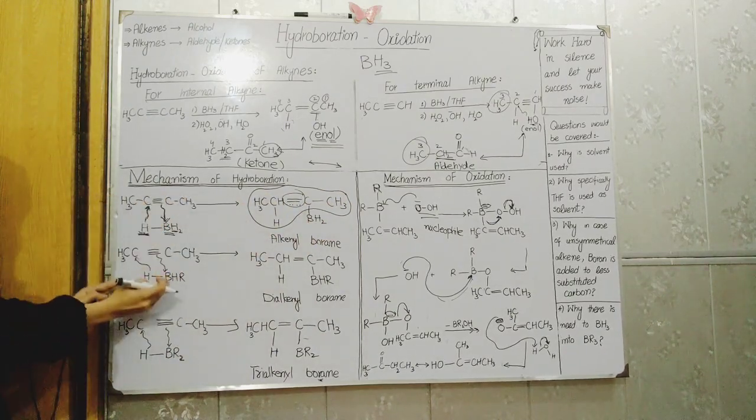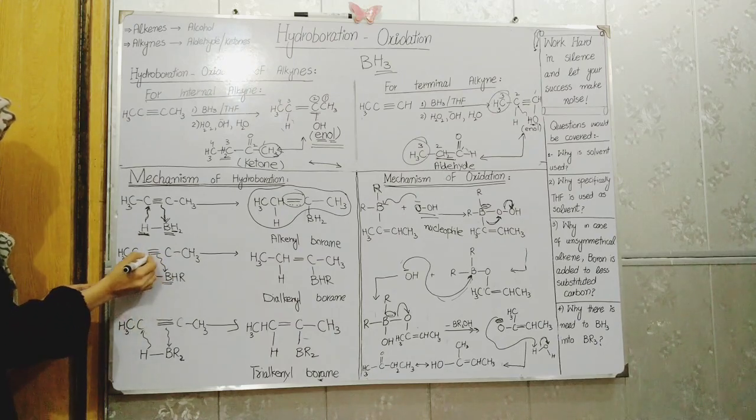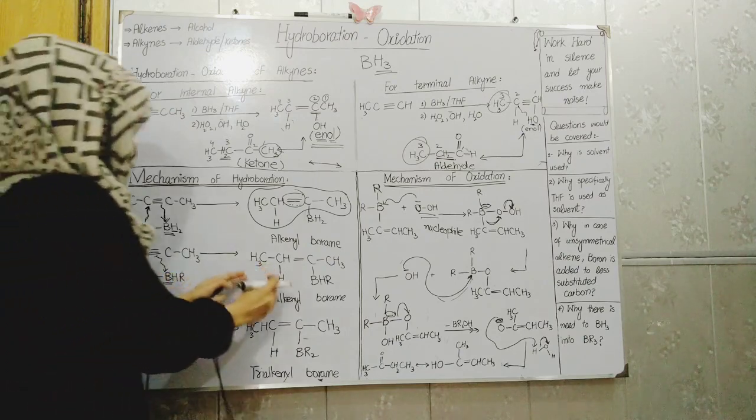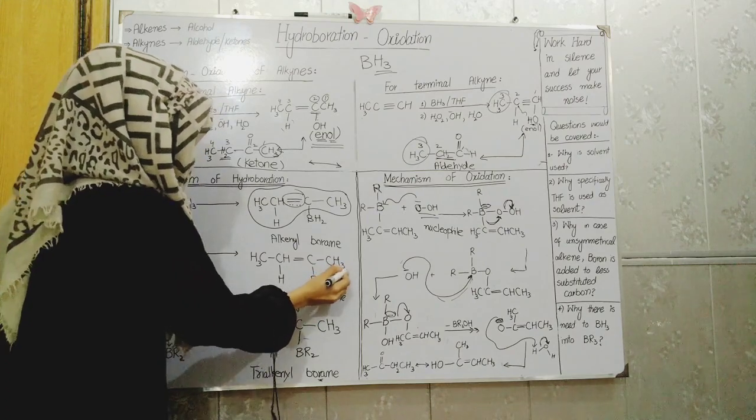And again this reacts with another molecule of alkyne. Again it will act as an electrophile, it will act as a nucleophile, again simultaneously the hydrogen atom, and here dialkenyl borane is formed because one alkenyl group is this, the other is this.